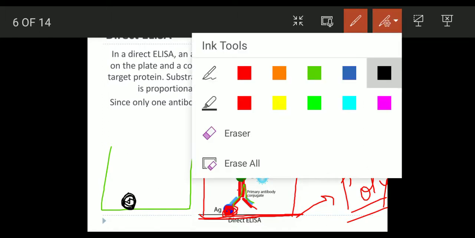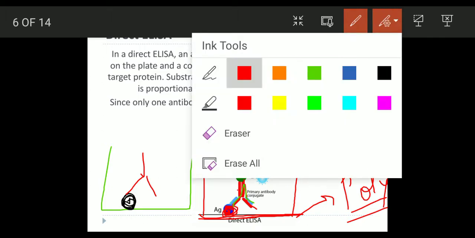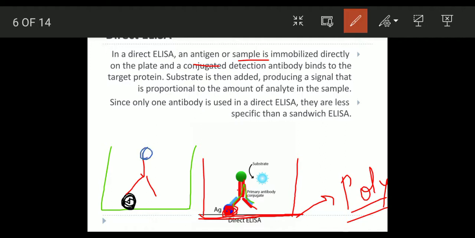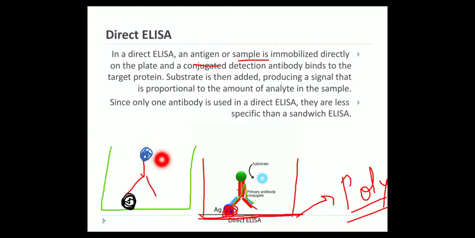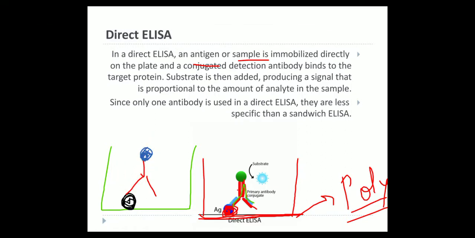Now this is the specific antibody, and suppose this antibody is conjugated or bound with a particular enzyme. So here what you can see is that the interaction between the enzyme linked antibody and the antigen is direct. Here only one antibody is working.